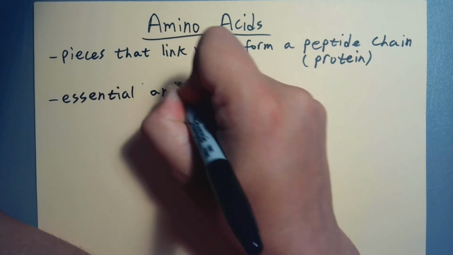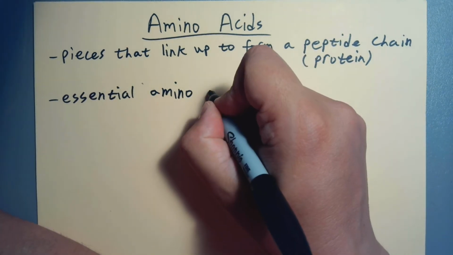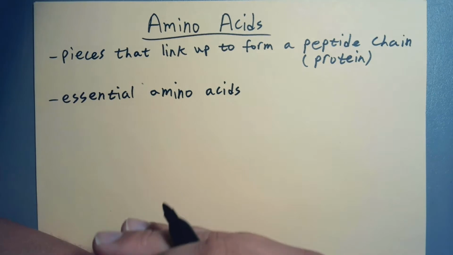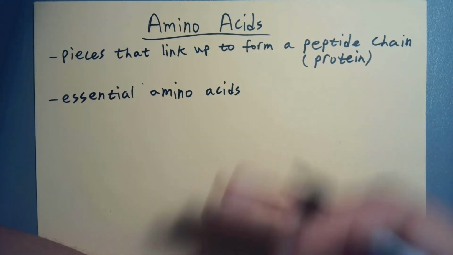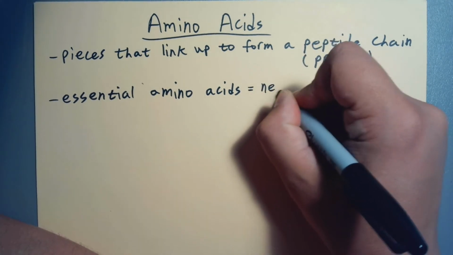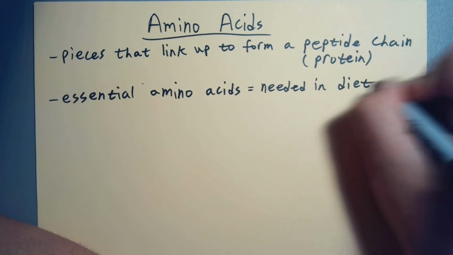But basically anytime you have anything like essential vitamins, minerals, amino acids, it means we have to procure them by eating. We have to take them in from our environment. We can't produce them ourselves. So it means it's needed in the diet, because we just can't make it.